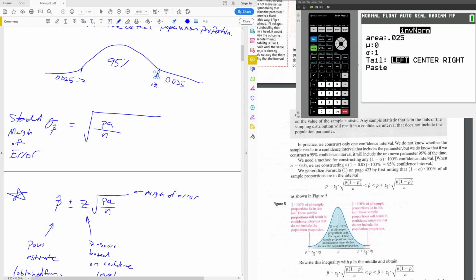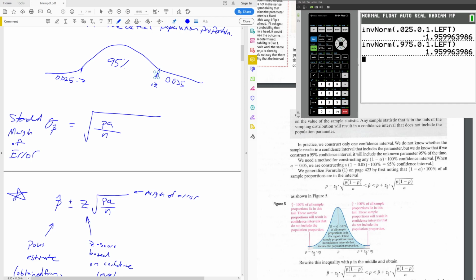Right? So what's the area to the curve to the left of this positive z-score? Well, that's 95 plus 2.5%, right? So that's actually 97.5%. So 0.975. And then we'll see the positive value of this exact same number. Okay?